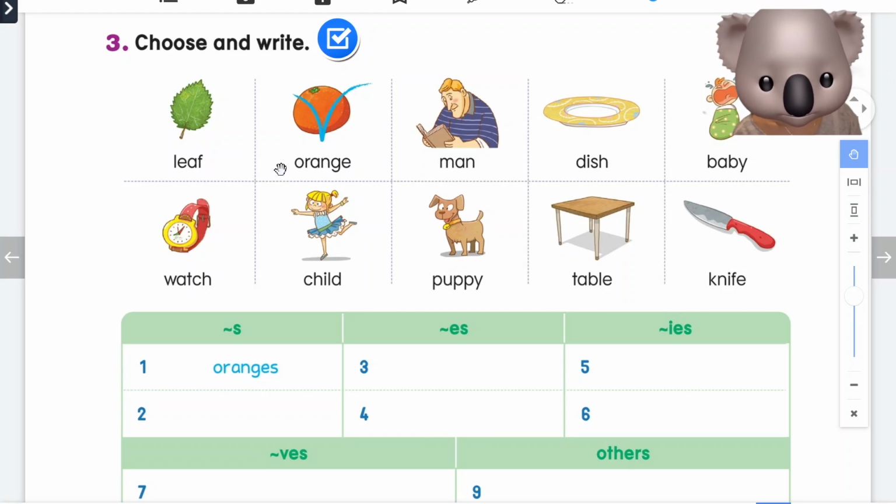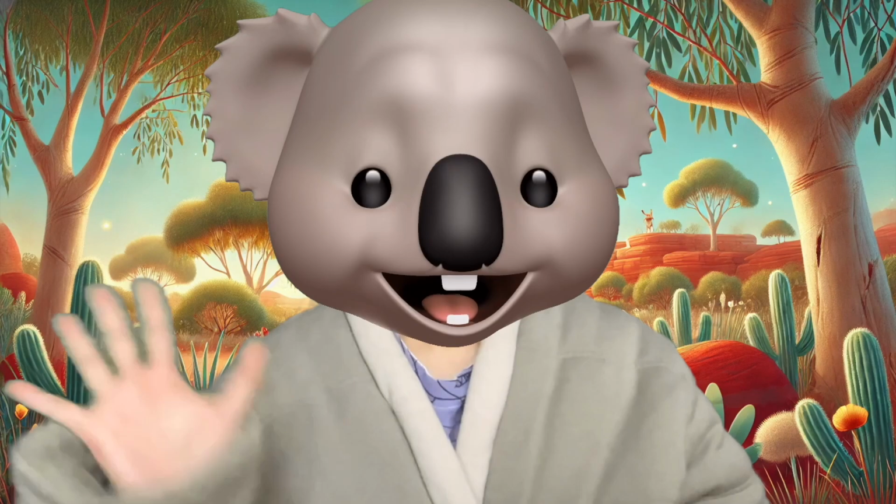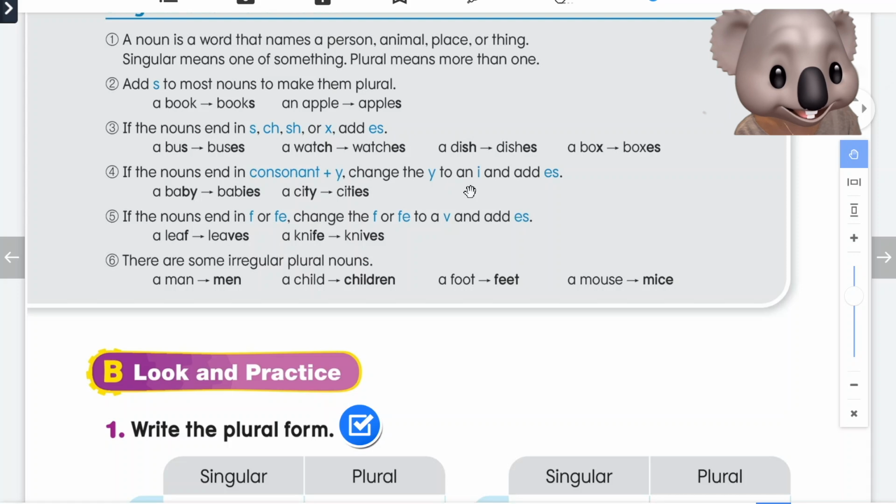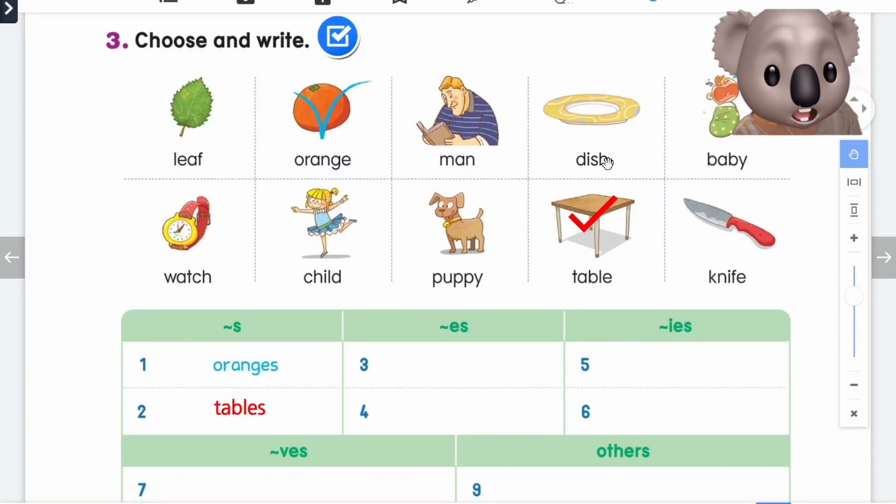Leaf, man, dish, baby, watch, child, puppy, table. It ends in E, so tables. Great job. What about ES? Words that end in ES take S, CH, SH, and X. Dish.